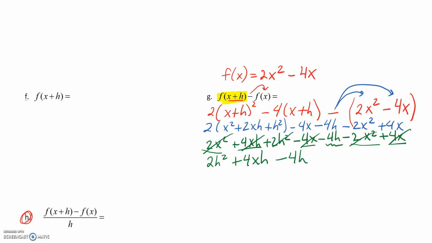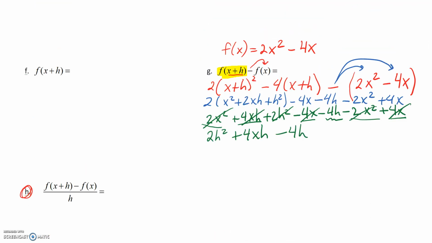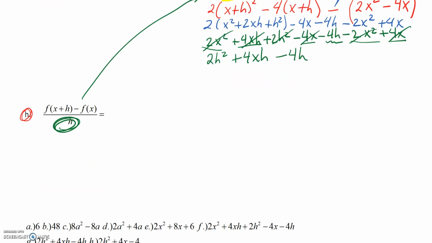Now, the next problem is not as long as this one because it's the exact same thing, only now we're just dividing by h. Notice the numerator is exactly what was in part G. So I'm just going to take the result from part G, which is 2h squared plus 4xh minus 4h, all over h.